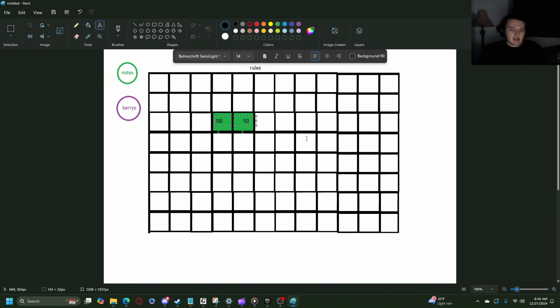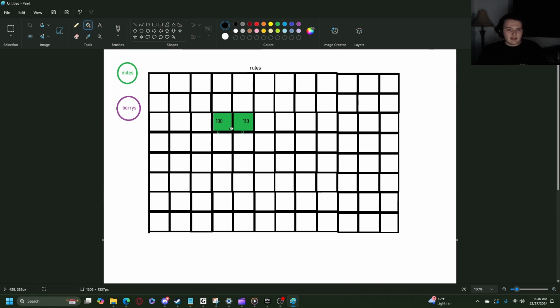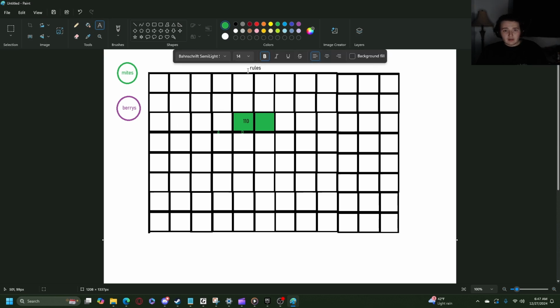So let's say that we keep going along with the story, and let's say that this mite goes away. He doesn't necessarily make it. This one's surviving on, okay? And this next iteration, it eats two berries, it's able to reproduce. Well, now if we look at it and it reproduces into this square, it has the possibility to be able to get 120 health, okay?